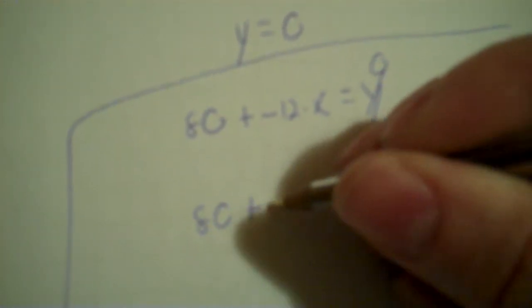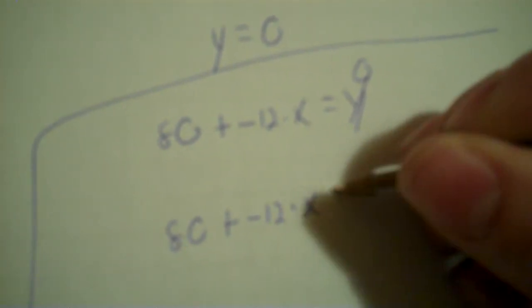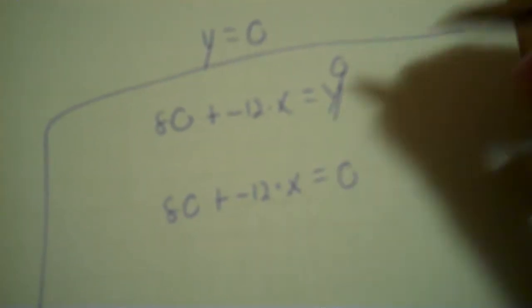Now y equals 0, okay? So you take out the y, you put 0. Okay, now you got to solve for x, just like on the last problem. You got a plus and a times, so you need to take out the 80 by minusing it.